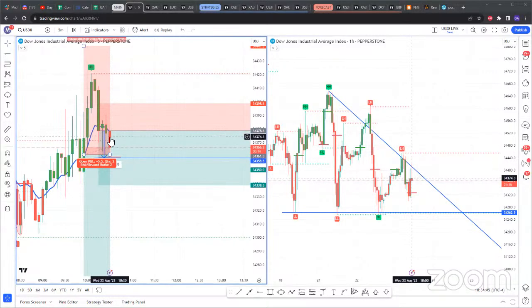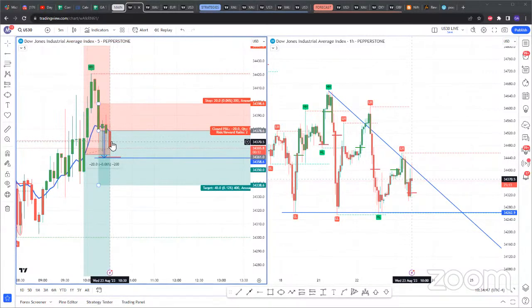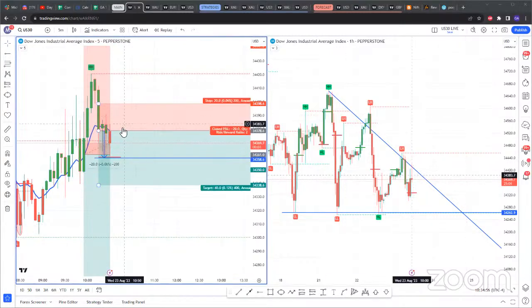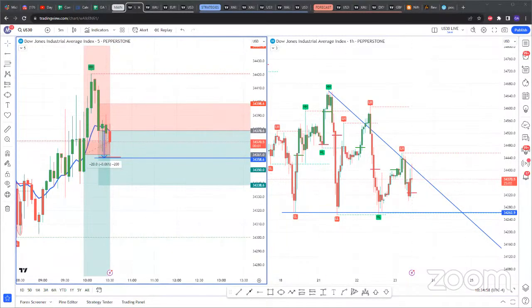So I entered here. I had my trade manager set in the hundreds or something, so it hit TP for 10 pips. Instead, my TP was supposed to be 100 pips. If it retraces, I will go ahead and enter. Let me make sure this is set up right.